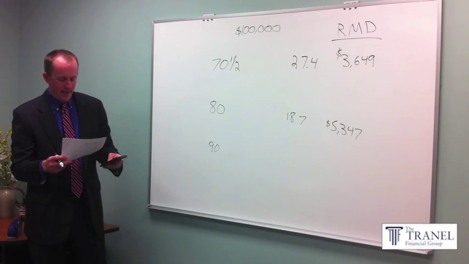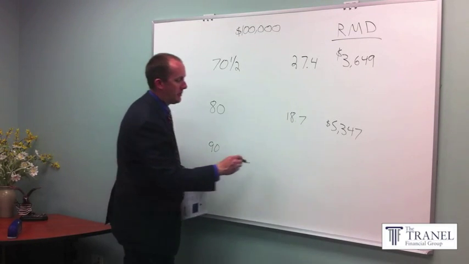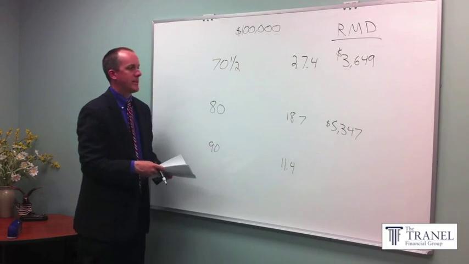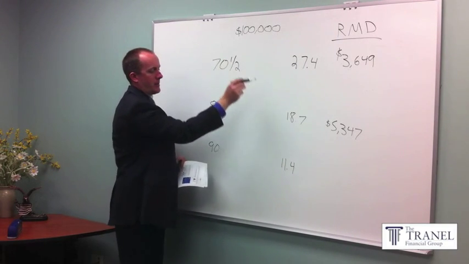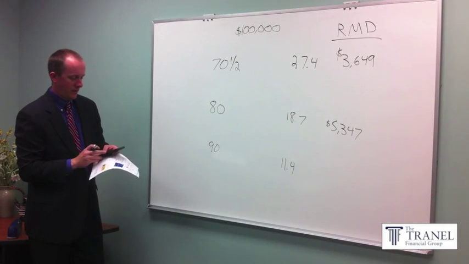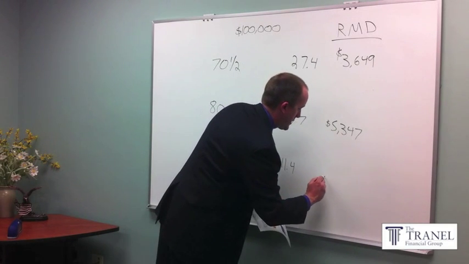At age 90, the IRS says your life expectancy is 11.4 years. Again, doing the same math, the account balance divided by the life expectancy is $8,771.